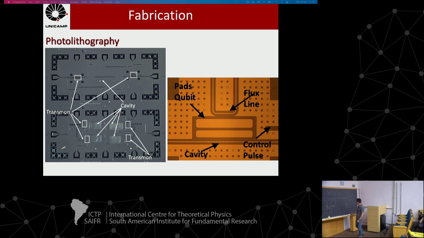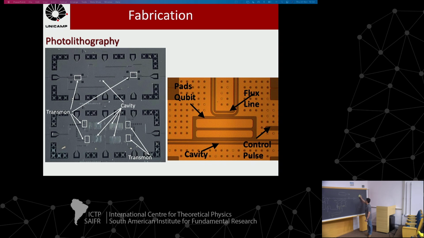So remember I told you guys that we have the junction, EJ and CJ here. So this symbol here, that's a square with a cross in the middle, is a capacitor and the junction.